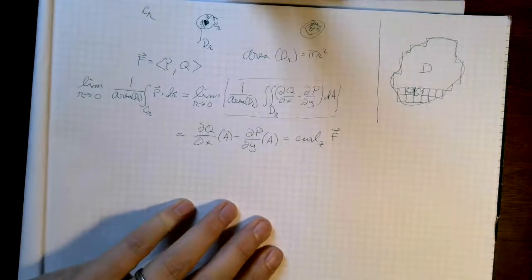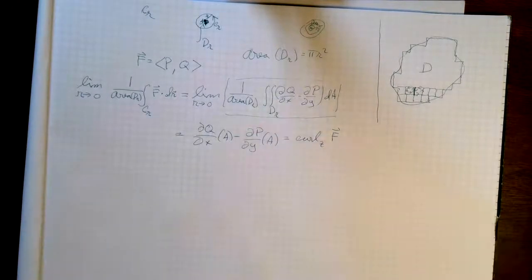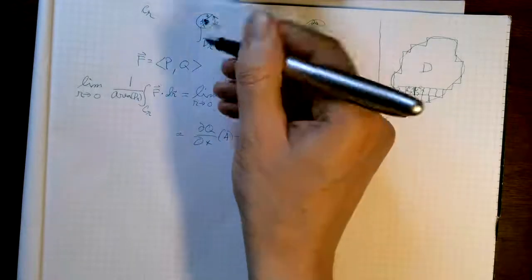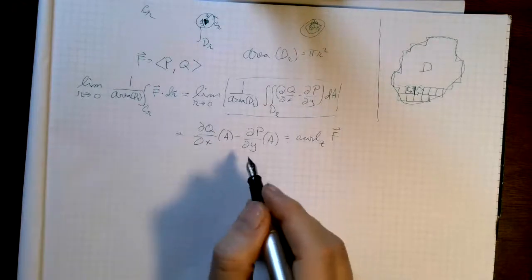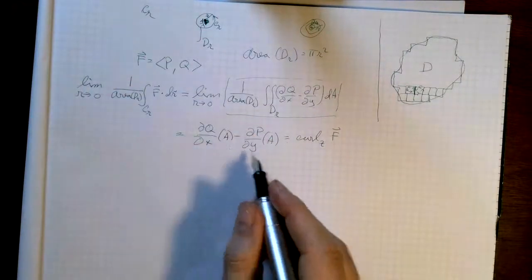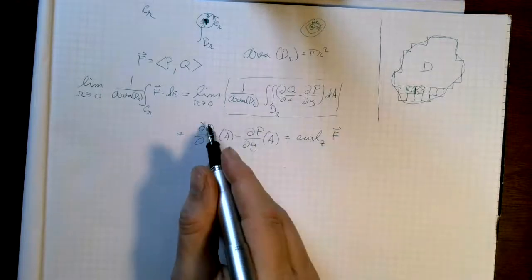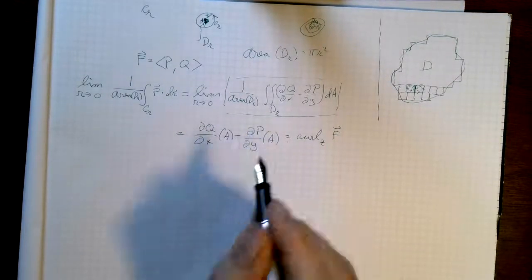So that's really why that measures locally how stuff circulates. And that's why, if a vector field satisfies that the curl is 0, when dQ/dx is equal to dP/dy, we call it irrotational.